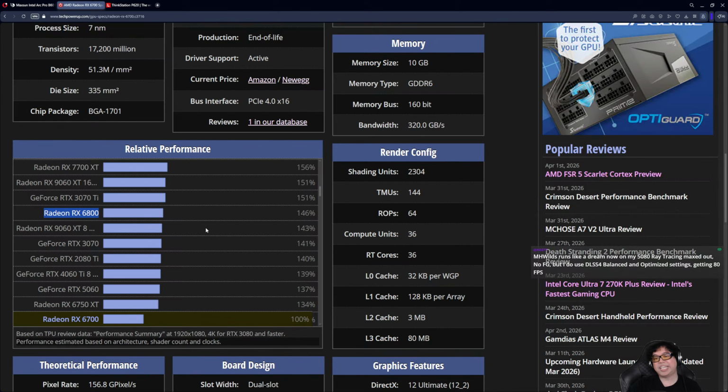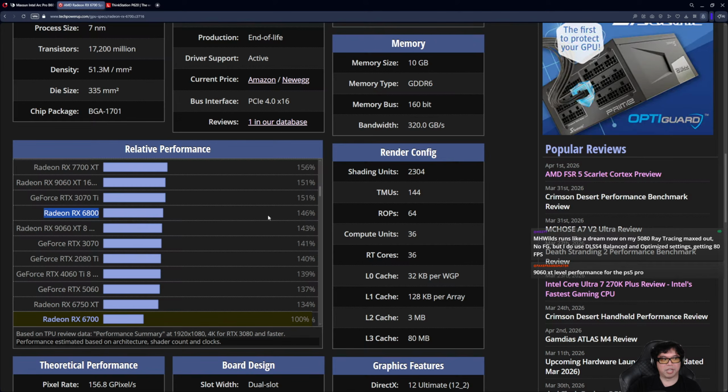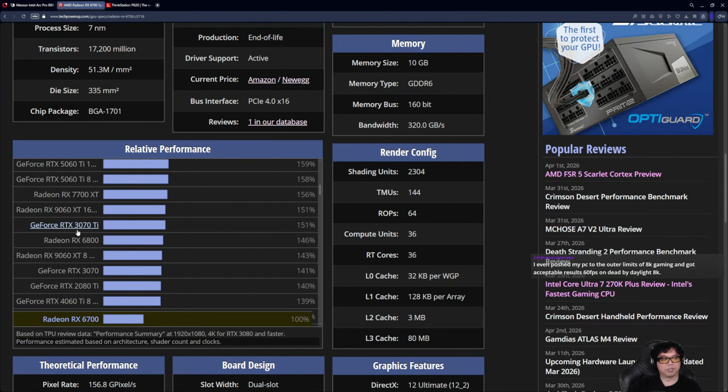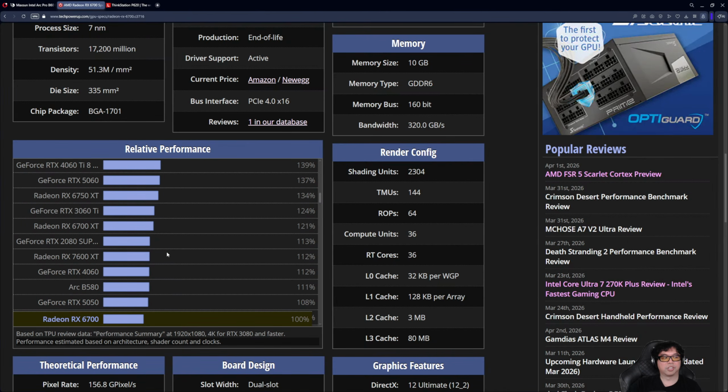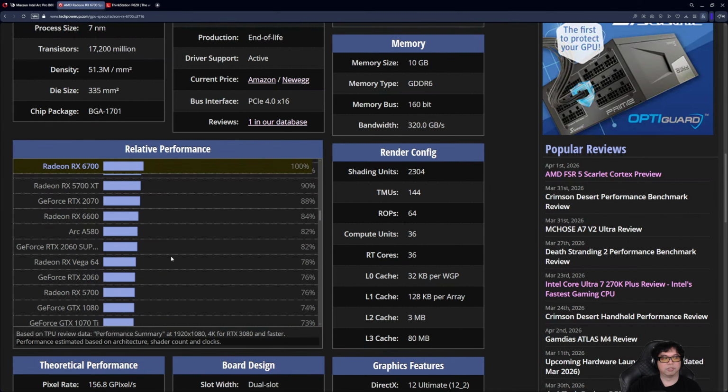RX 6800 is about the performance of the PS5 Pro. So that's about 45% faster than a base PS5. So, okay. We want to target... Actually, hold on. I should be looking at this differently.